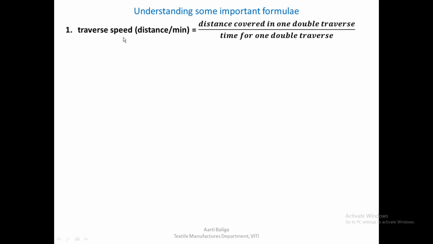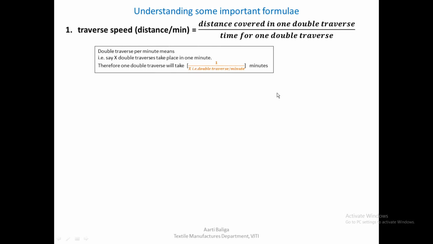So traverse speed, speed is normally defined as distance upon time. So distance upon the minutes taken for traveling that much distance. When we put it in the form of a formula, it will be distance covered in one double traverse divided by time taken for one double traverse.